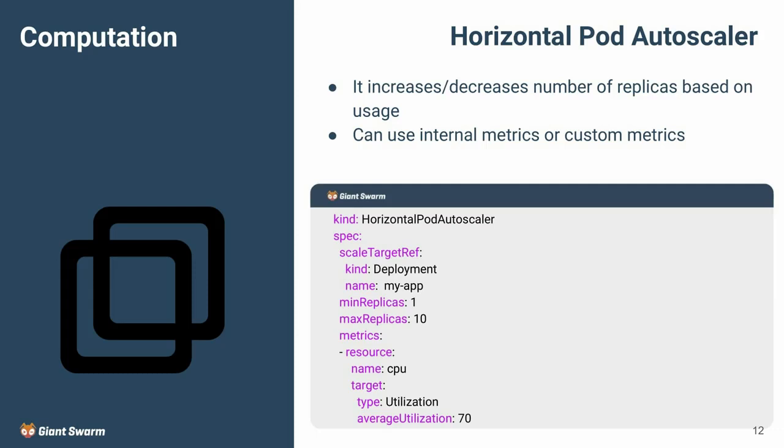So this controller will scale up and down the number of replicas to meet our desired utilization, and that will obviously incur in having more or less resources consumed in the cluster. But it's not the only way.